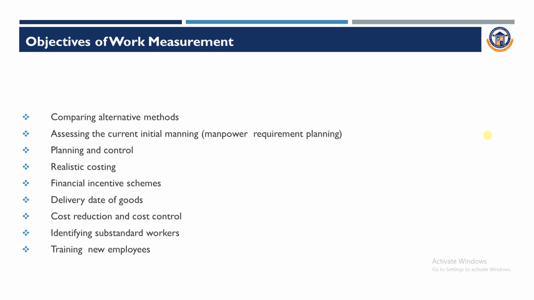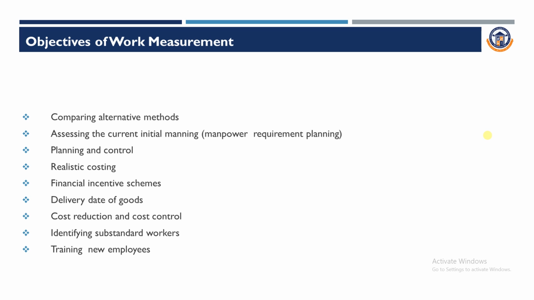It is widely used for planning and control. It is helpful for identifying realistic costing for production operations. It is helpful for the human resource aspect of providing financial incentives to qualified employees, and also for giving the delivery date of goods to customers.